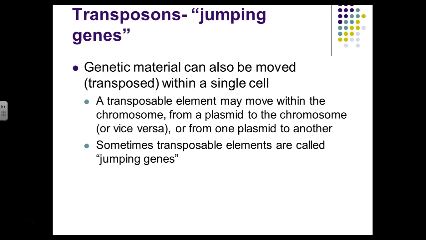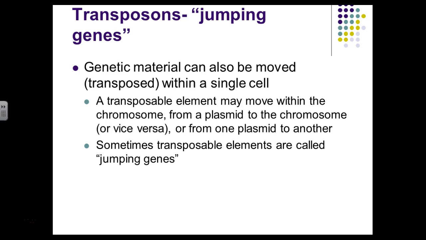Now, sometimes we refer to this process of transferring a gene from one bacterial cell to another by swapping plasmids as transposons or jumping genes. Jumping gene would be the more common name for it. Transposons, here's yet another trans word, is the scientific word for a jumping gene.